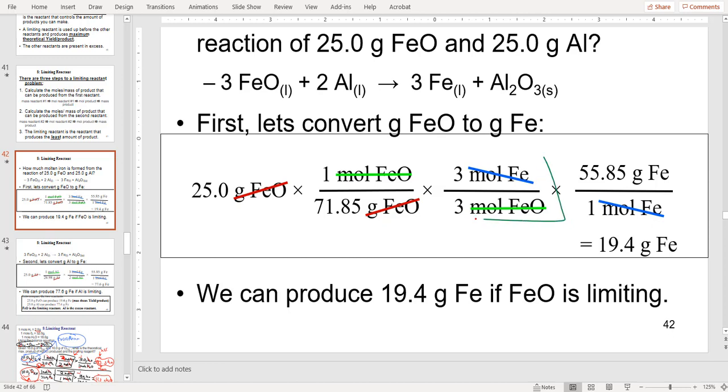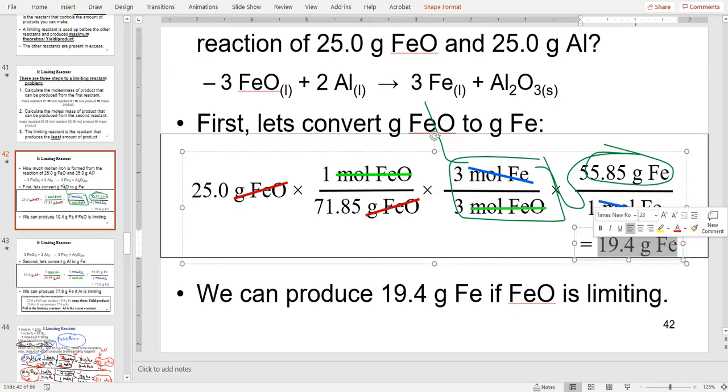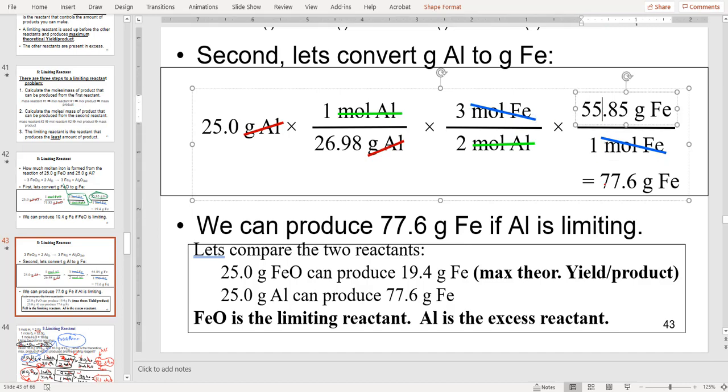Okay, so once we're in the mole ratio taken directly from the coefficients, we then have to go from moles to grams, just like we've practiced earlier in other stoichiometry problems, and that gives us our grams of iron. Now we have to perform a second calculation, starting with grams of aluminum, and then we'd use the mole ratio after turning it into moles for iron, and then solve for grams of iron, and then there's our two problems.